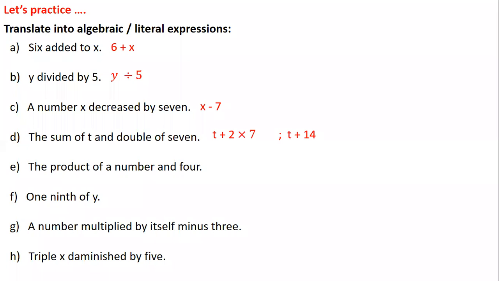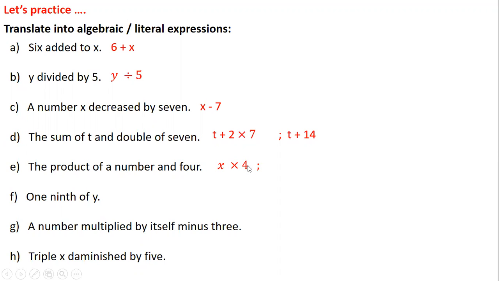Which letter do you like to use instead of the unknown? X. So I am multiplying a number and 4. So I write x times 4. The number is x, which is unknown. Product means times 4. So x times 4.